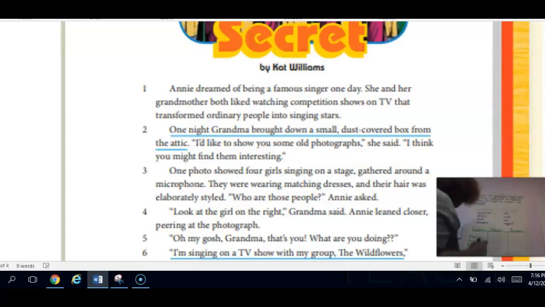So I would write, she and her grandma both liked watching competition shows.